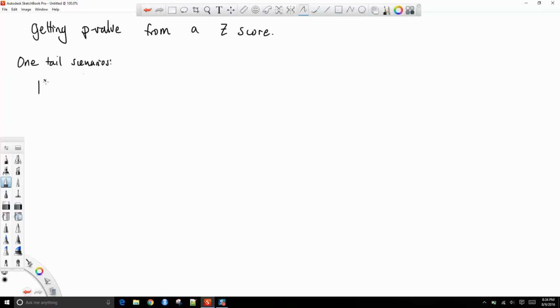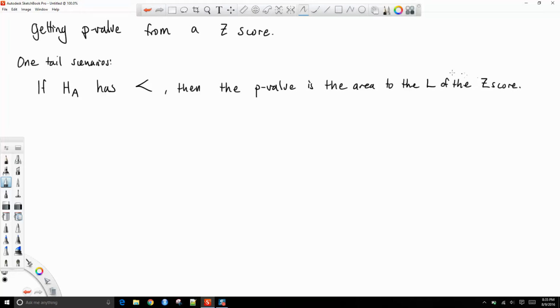If the alternative has a less than sign, then the p-value is the area to the left of the z-score. So basically you just look up the value in the table, and that will be your p-value, because the table always gives you the area to the left.